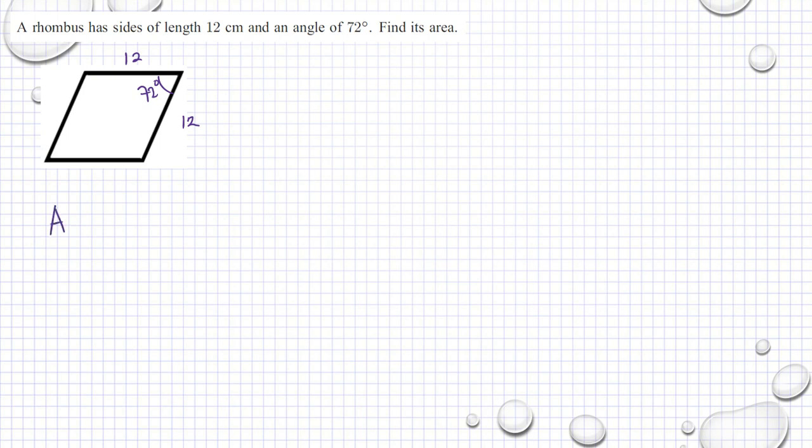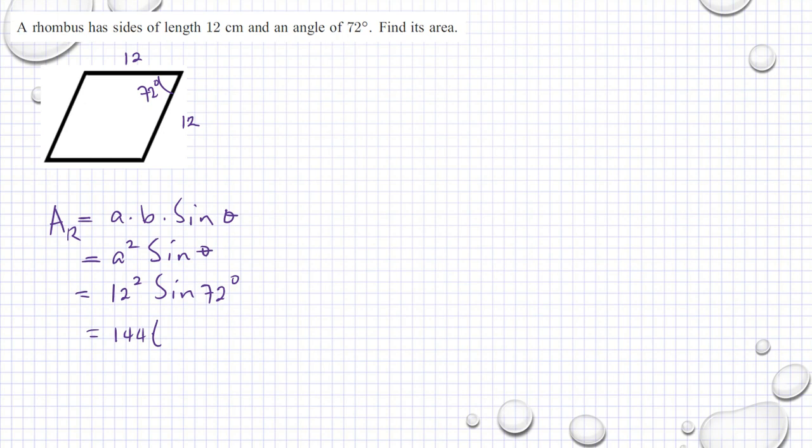So the area of a rhombus is equal to A multiplied by B multiplied by sine theta. But we have A equal to B, so we have A squared sine theta. So we have 12 squared sine theta. Not theta anymore, that's 72 degrees. Then we have 144 multiplied by sine 72 degrees.